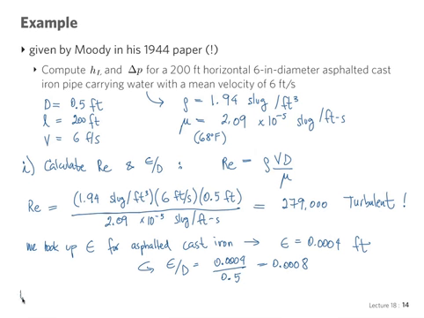So, second step is look up f on the Moody chart, and we get f equals 0.02. Very good. That's approximately 0.02, and it's the same thing I got, just reading from the plots. Everybody can see that? Yes, you're happy?